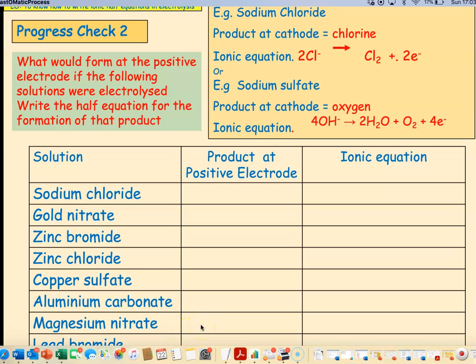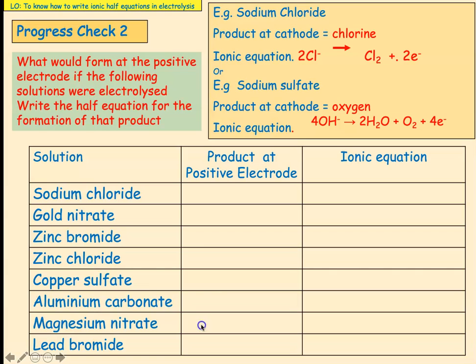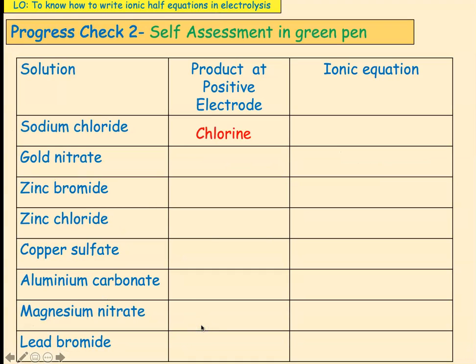Okay, welcome back. Hopefully you didn't have too much problem with that. We've got sodium chloride. So we're looking at what forms at the positive electrode, the anode. Now chloride is a group 7 ion, so therefore we're going to form chlorine. The ionic equation for the production of chlorine is 2Cl- gives us Cl2 + 2 electrons.